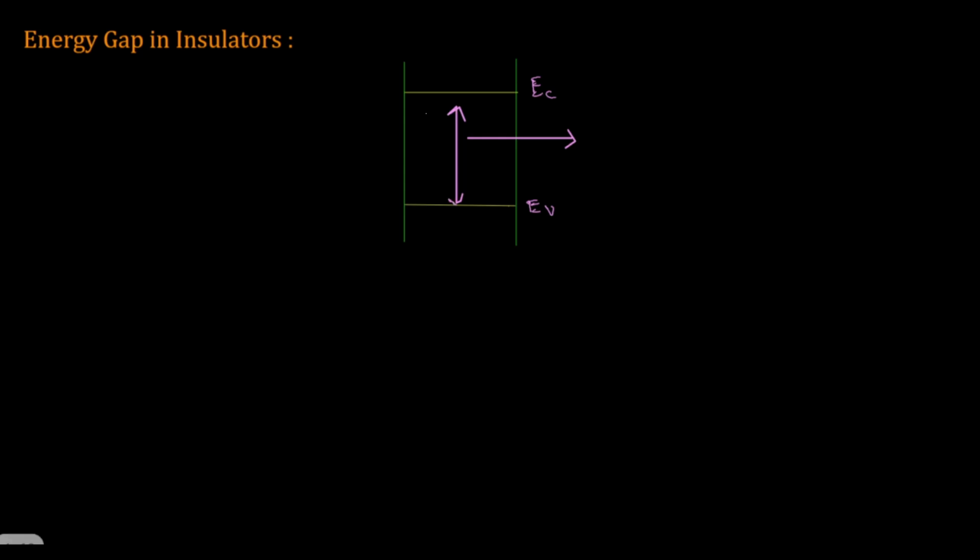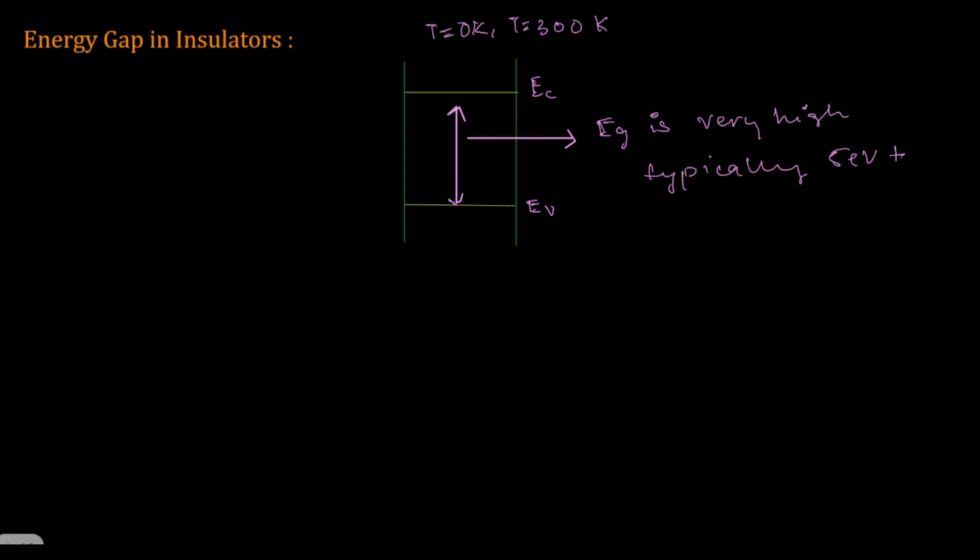Whether you take T equal to 0 Kelvin or T equal to 300 Kelvin, the forbidden gap will not come close, so my charge carriers will not flow from valence band to conduction band. Here Eg is very high, and the typical value is 5 electron volts to 15 electron volts.